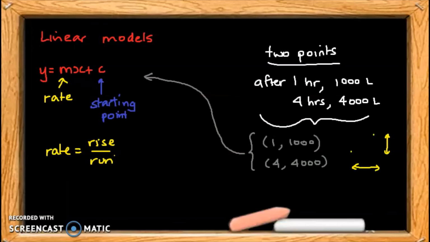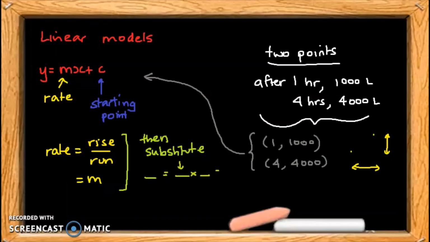Once you've calculated the gradient, then you'll be able to use one of the points to substitute in and get the actual equation, because what you'll find is you'll have some number equals some number times another number plus c, and you can solve for c. Remember, once you have your gradient and your y-intercept, you have your equation.